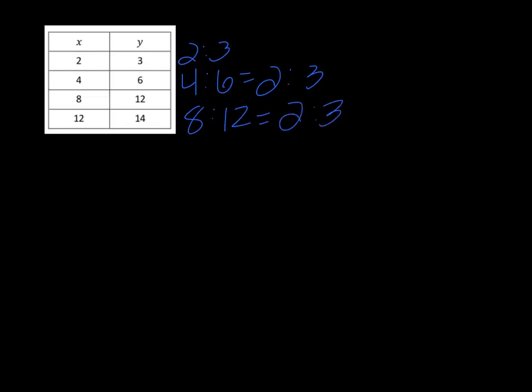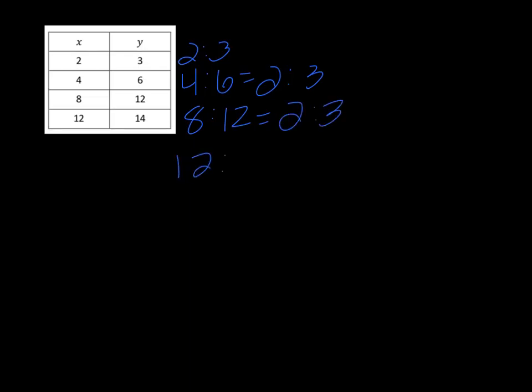If we look at this next table, the ratios of the x and y values, the first one is 2 to 3, that can't be reduced, so that stays the same. 4 to 6 can reduce to 2 to 3. 8 to 12, if we divide both by 4, reduces to 2 to 3.